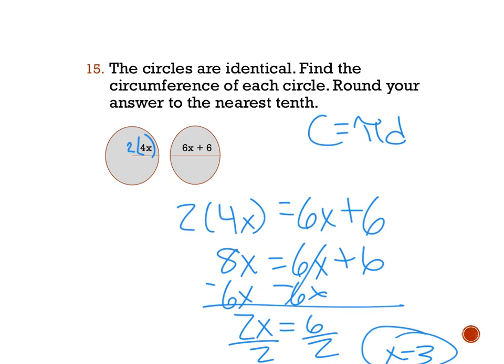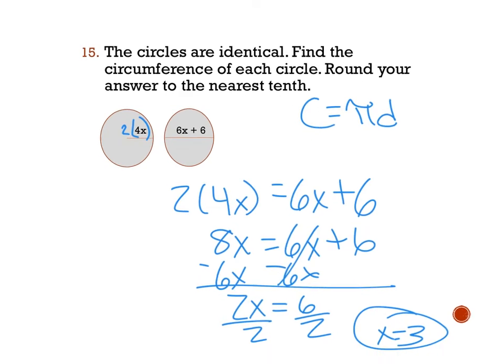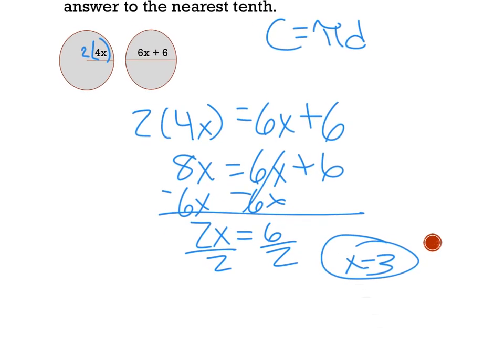Okay, but it said also find the circumference of each circle. So all I would do here is go back in and do 3.1 times 2 times 4x, which is 3.